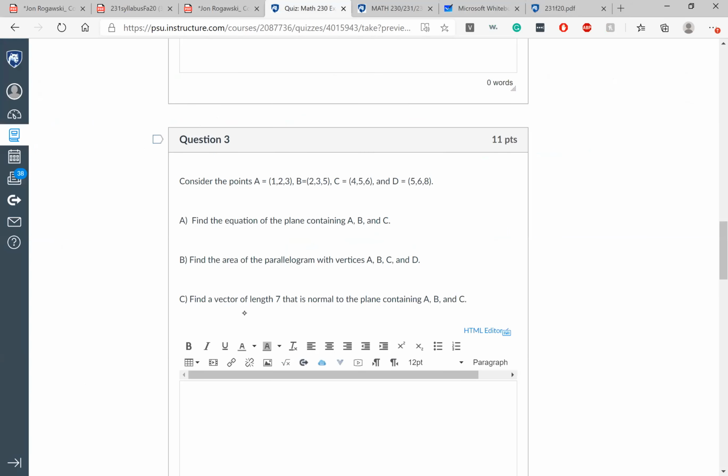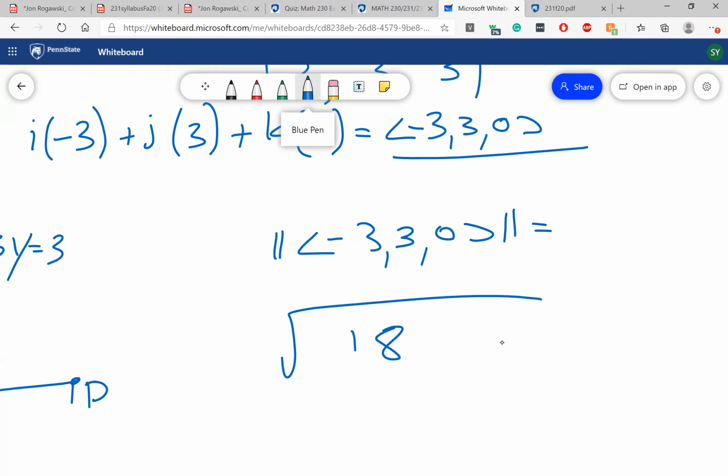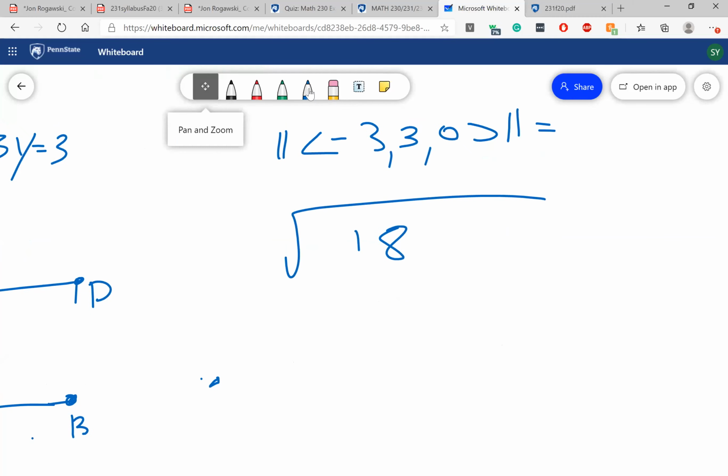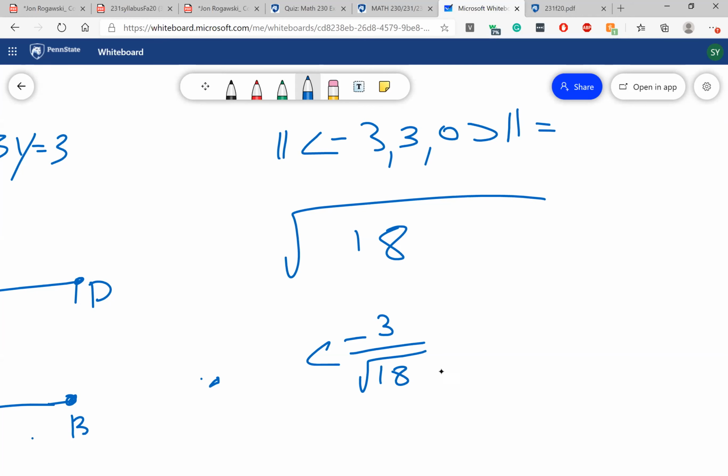What's next? Find the vector of length 7 that is normal to the plane containing this. So you just need to take your normal vector, divide it by its magnitude, and multiply it by 7. So first we divide this by the square root of 18. So we're going to have negative 3 over the square root of 18, 3 over the square root of 18.